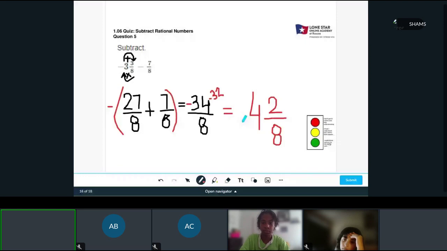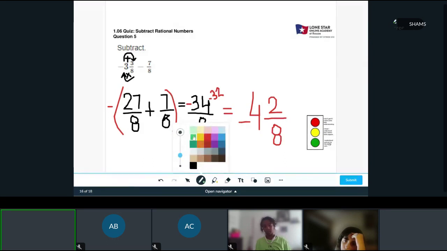Remember, all this has to be a negative number. I'm not sure if your quiz is going to accept this answer. From my understanding, the quiz accepts some simplified fractions. So if I simplify this fraction part further, how will that look? Go ahead, simplify this further. Very good, Lily. It will have a whole number that is -4, and the fraction will be 1/4.